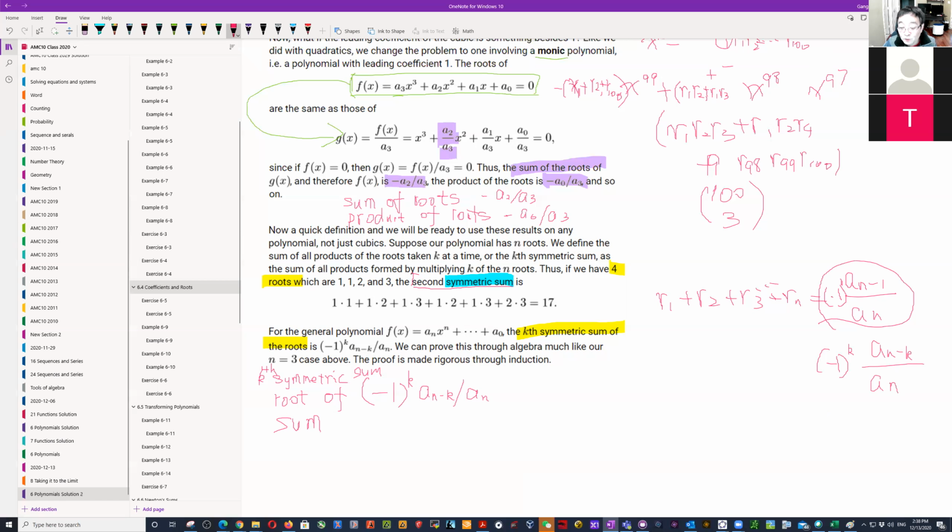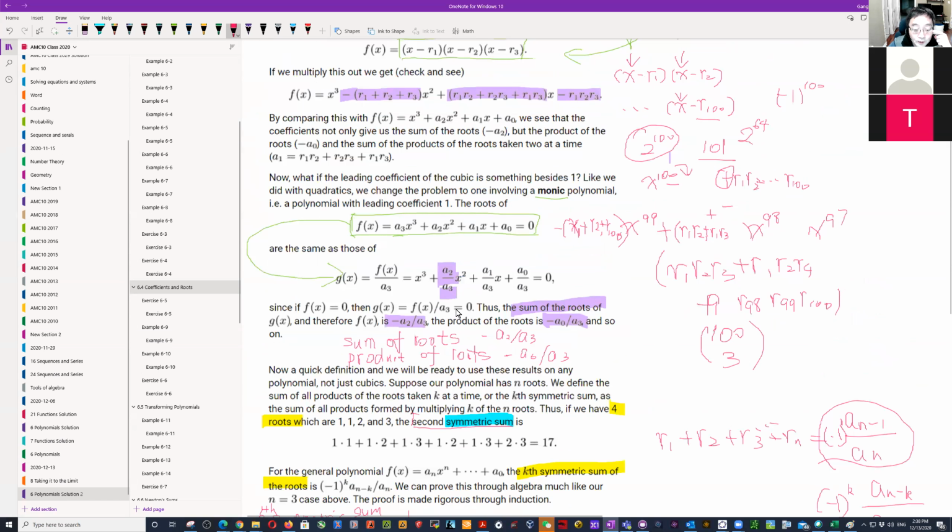The last one is just the product of all the roots. The product of all the roots will be negative if you have an odd number of roots, and if you have an even number, it's positive. So basically, that's the relationship.